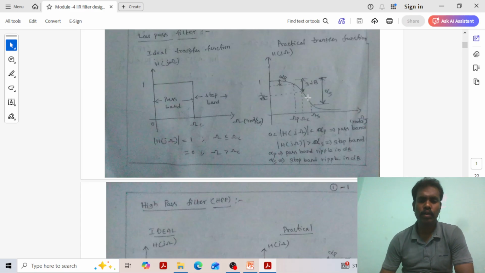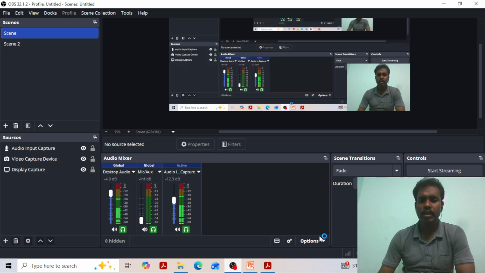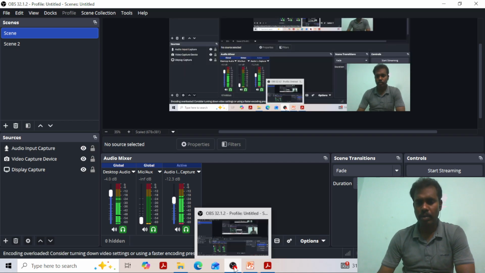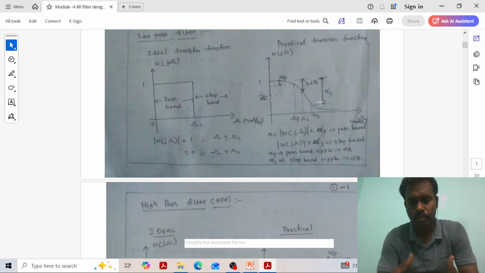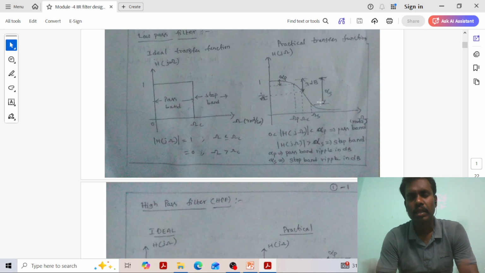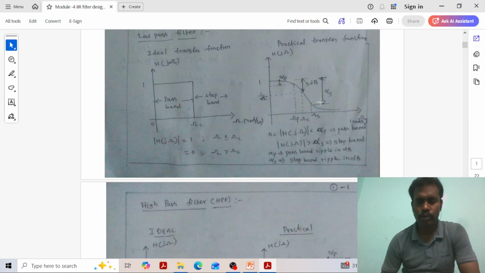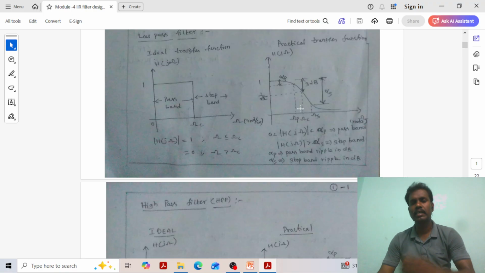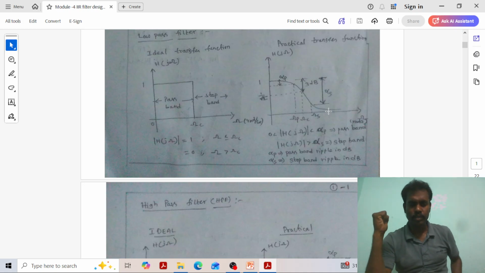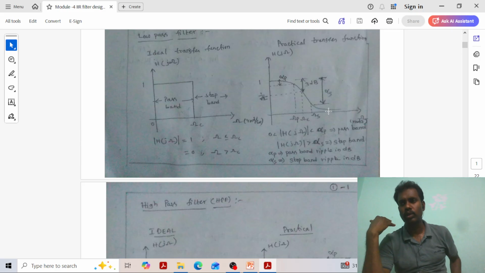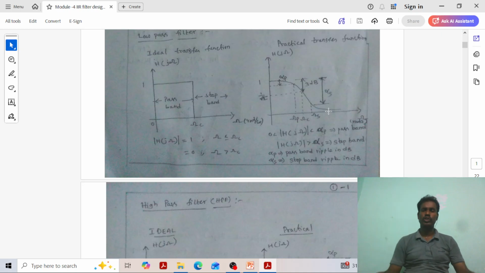So 5% of the input signal can be considered as the stop band level, a minimum input signal that can be considered as a zero signal. That is, I have to fix some frequency other than the minus 3 dB point. I want to fix some minus 30 dB. Minus 30 dB means more deviation from 0 dB, meaning from 1 it is deviating very much towards 0.